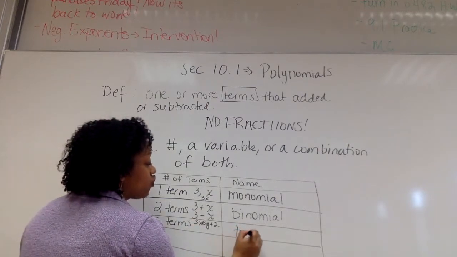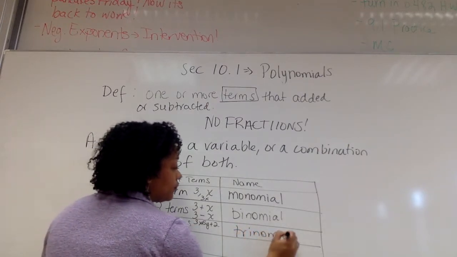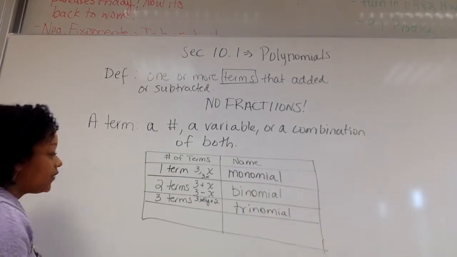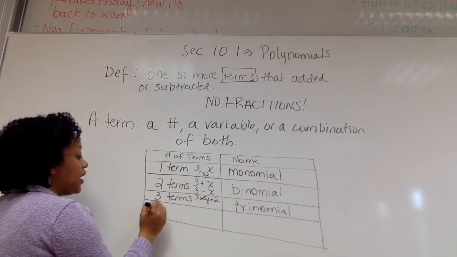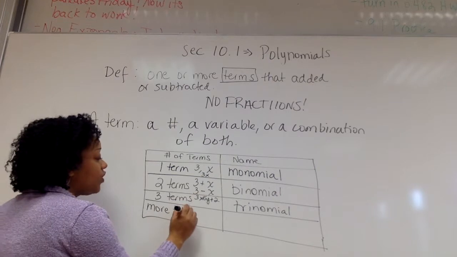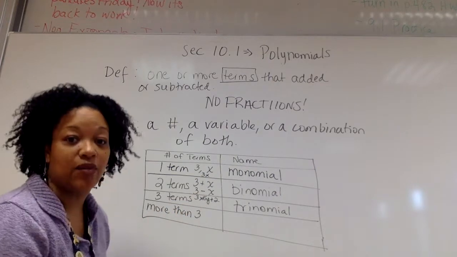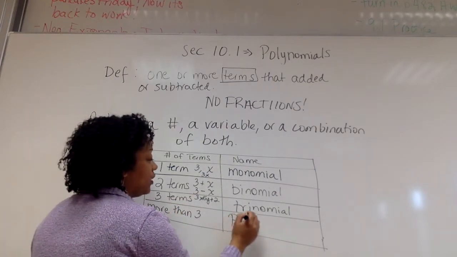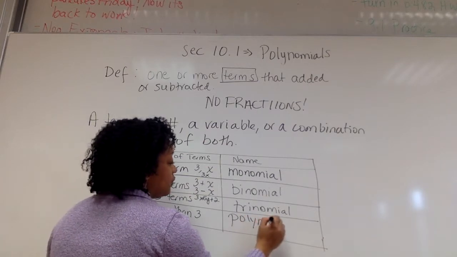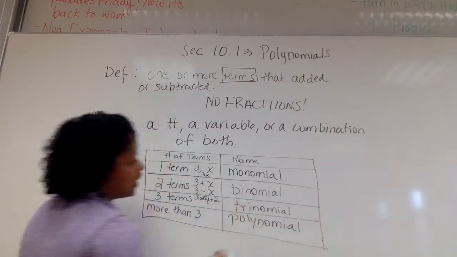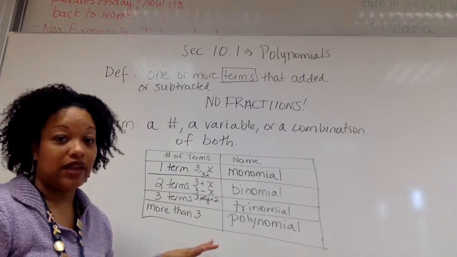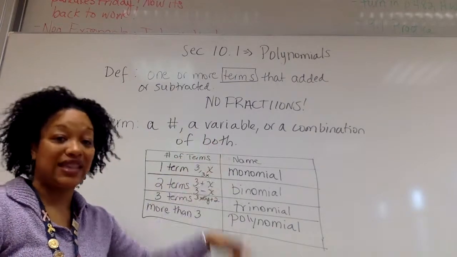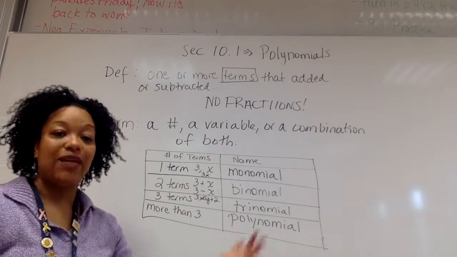We call that a trinomial. And then, if you have more than 3 terms, that's where the name of our unit comes from, polynomial, which means many, polynomial. So that's your first table. These names are important because in a minute we'll need to know these names to name your polynomial.